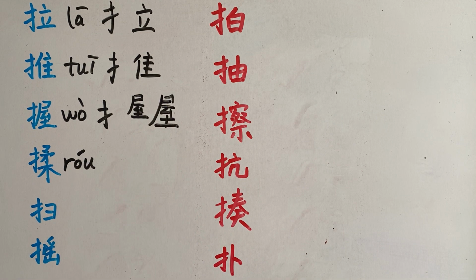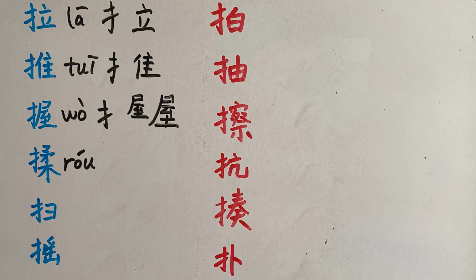The next one, 揉, Chinese pinyin 揉. If you speak French, it will be much easier for you to speak Chinese because the two languages both have many vowels. 揉 je m'appelle, je 揉, it's the same. 揉 it means to rub, right? To apply lotion on your skin.